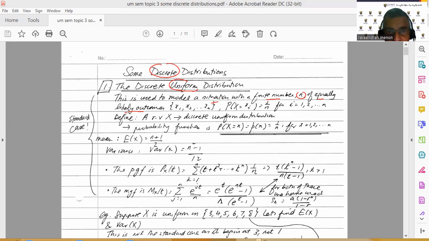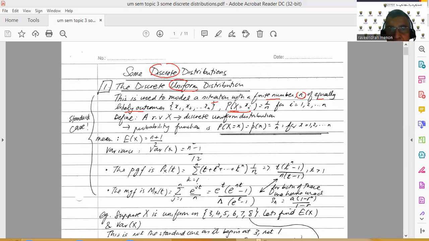So here we are calling them x1, x2, x3, right up to xn, because we are saying there are n equally likely outcomes, right? And this distribution is defined like this.